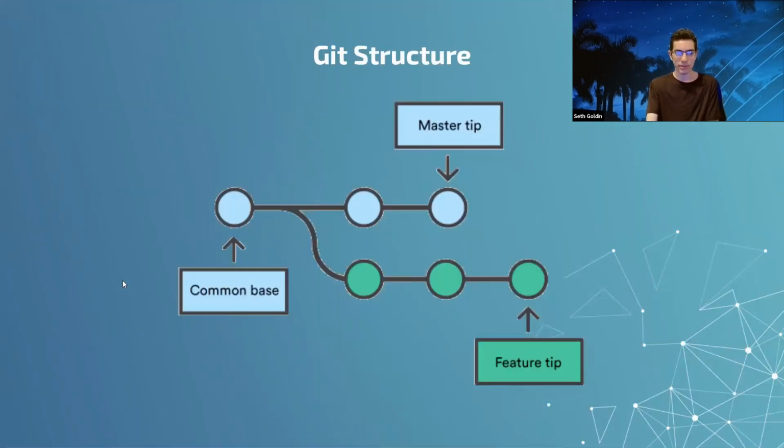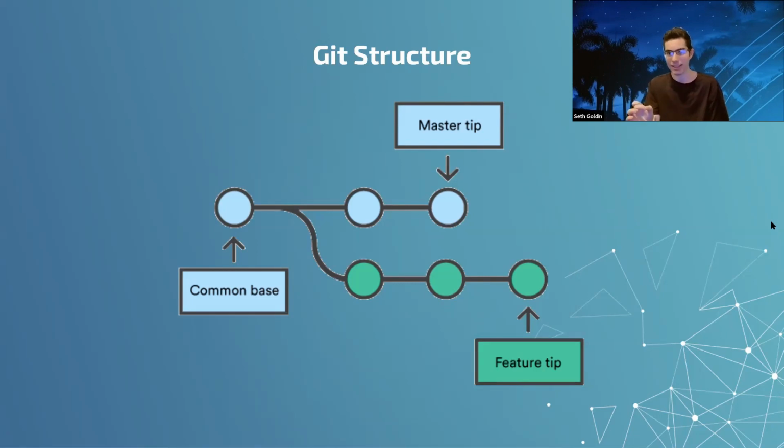So the next thing that I think many early Git tutorials kind of gloss over is what Git actually looks like. And they just jump straight to commands. I think it's important to kind of be able to visualize what you're doing. So Git structure, I know it looks a little complicated to some of you, but basically what you want to be looking at is this blue line, which is the main history that you have.